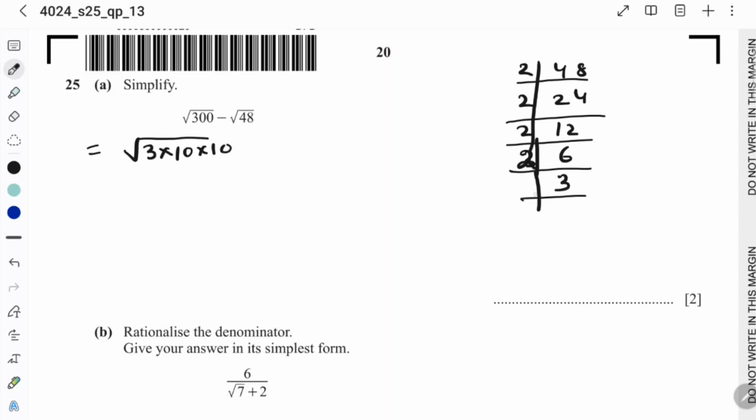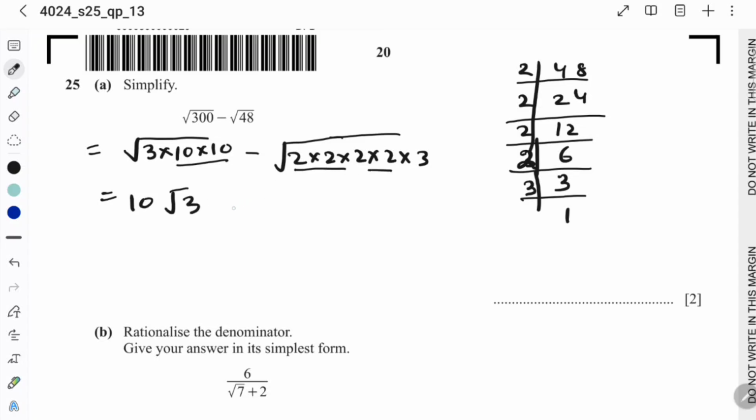So we have 2 into 2 into 2 into 2 into 3. The 10 comes out: 10 square root 3, and the 2s become 4 square root 3, since we have pairs of 2 and 2. So 10 minus 4 is 6, that is 6 square root 3.